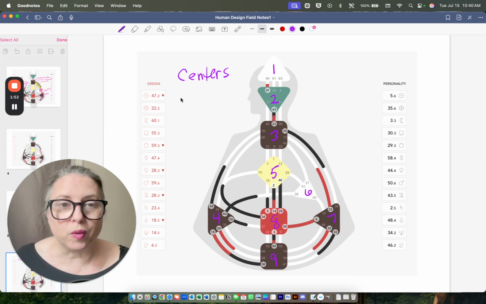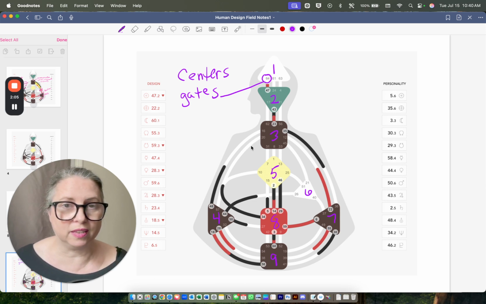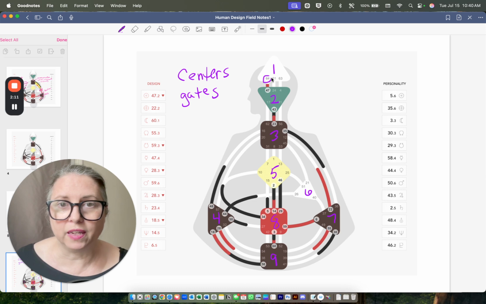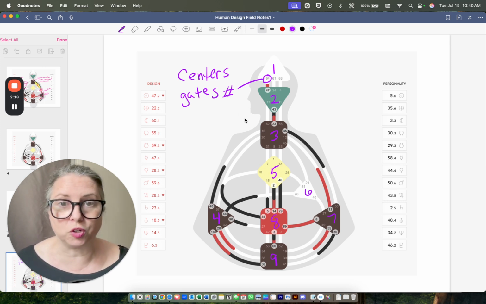So the other thing that we end up having is gates. Okay, so that's going to be the next thing. And the gates are these little numbers that you see in there. And there's 64 of them, because there's 64 total.